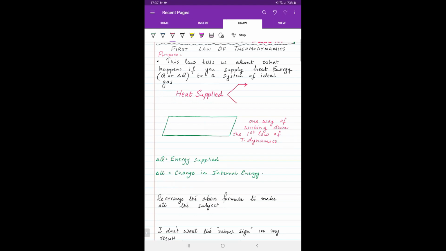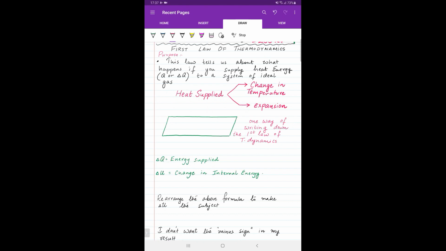Some portion of the heat energy via action of the heat supplied can cause the gas to undergo expansion. So that is the second outcome. Heat supplied to a system of ideal gas molecules can be used up by the ideal gas to bring about a change in its temperature, can be used up by the gas to undergo expansion.